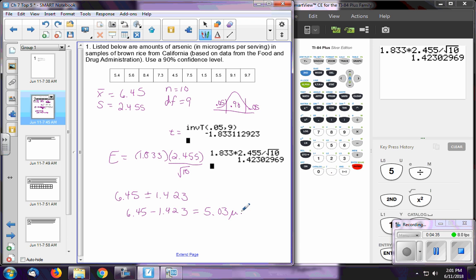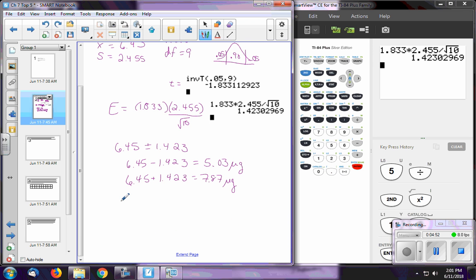Remember, this is in micrograms according to the original question, so we're going to make sure we include our unit. And when you add, we get 7.87 micrograms. So piecing that all together as our confidence interval, it's between 5.03 micrograms, which is less than our mean, which is less than 7.87 micrograms.